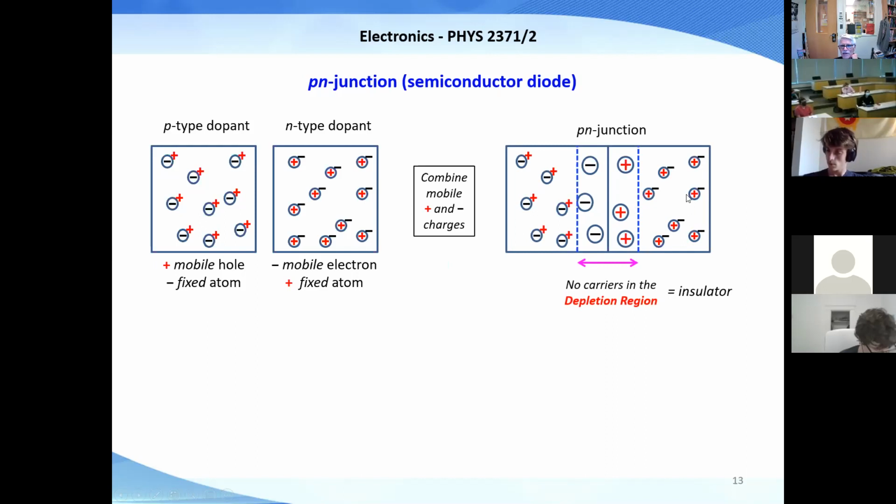So somehow you start off with a conducting material here, and now you have an insulating material at the interface. We call this a depletion region. It's depleted of carriers, and it's an insulator if it doesn't have any carriers.